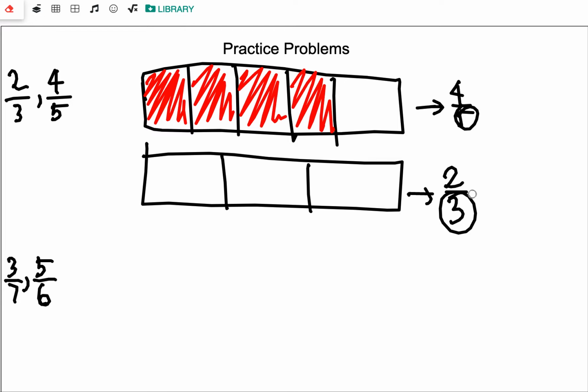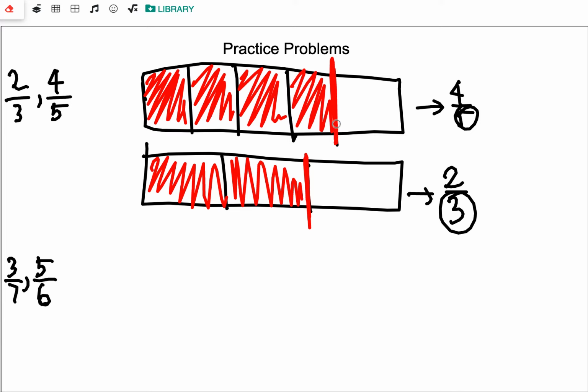And for 2/3, we have to shade 2 out of our 3 parts, because our numerator is 2. Now, if you carefully look at these 2 bars, you can notice that 4/5 has more shading than 2/3. 2/3 shading ends here, while 4/5 shading ends here. That means that 4/5 is greater than 2/3.